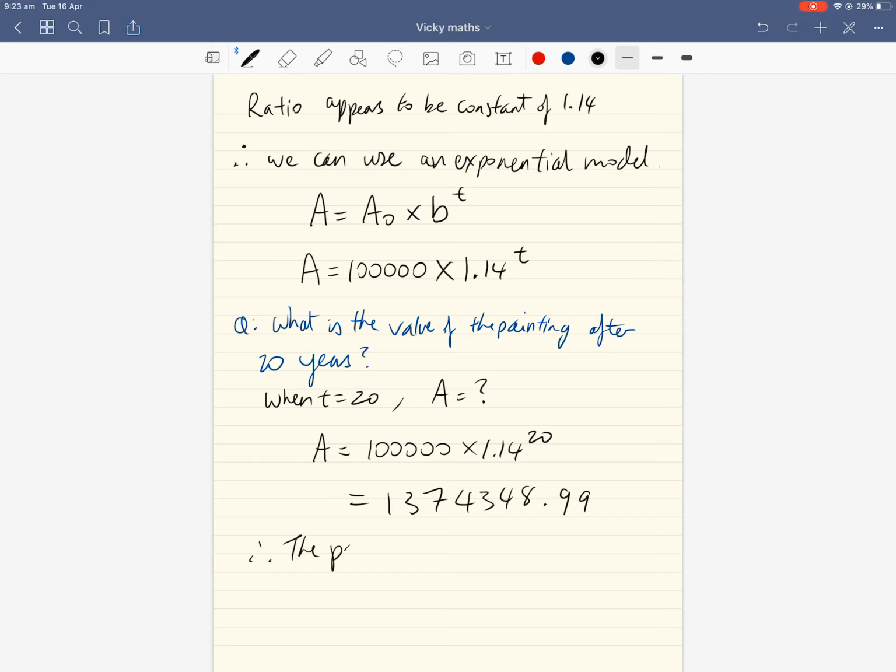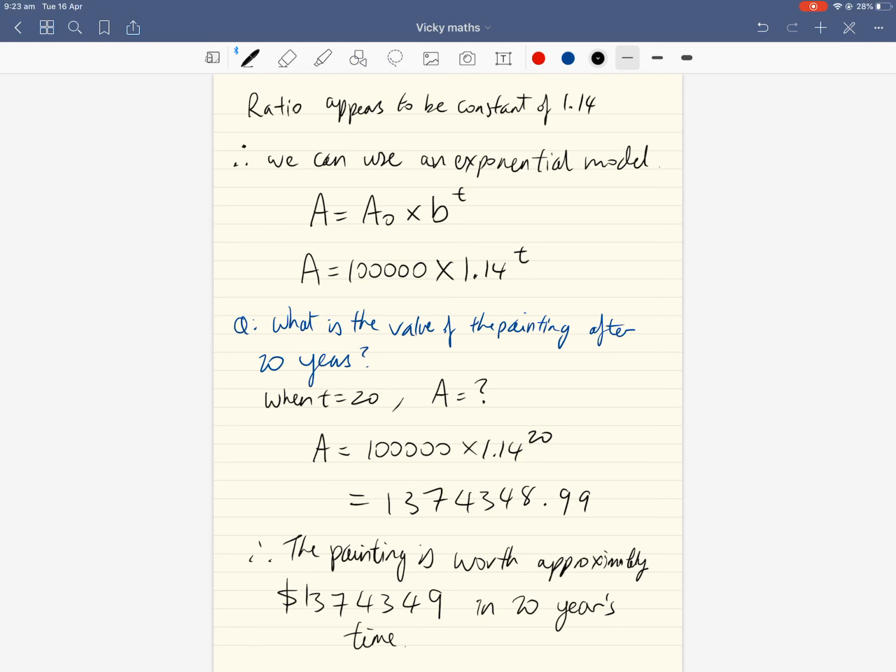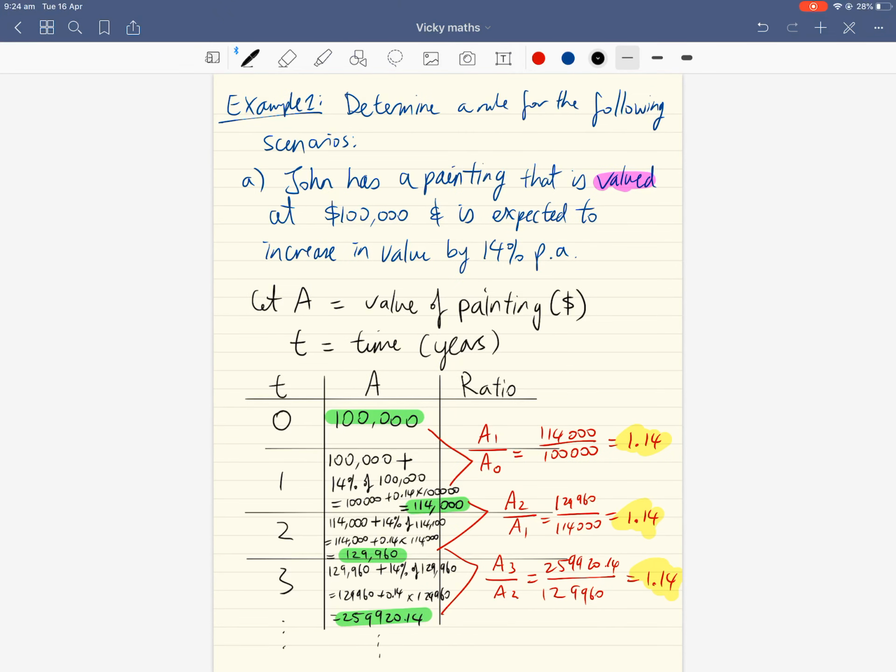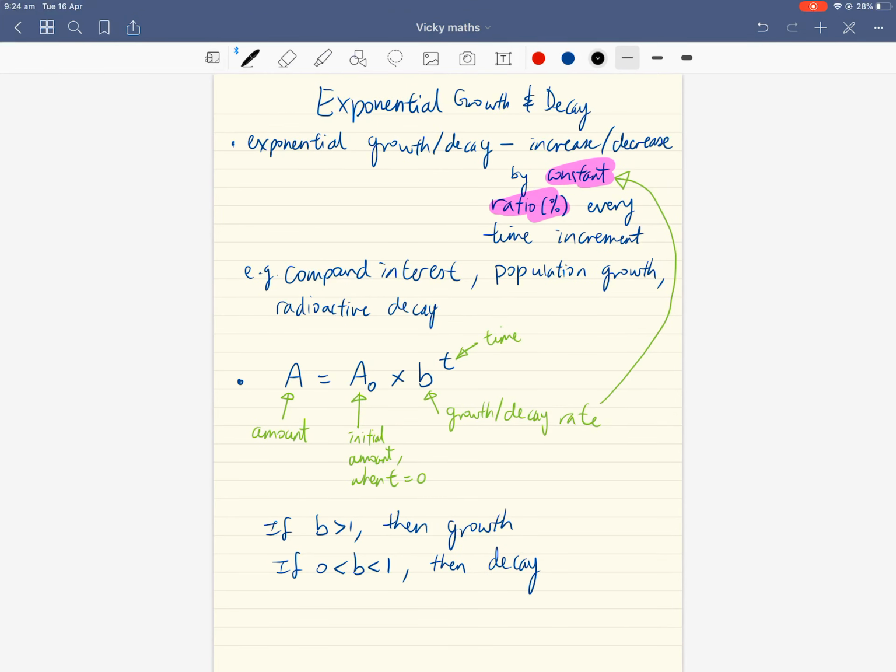So therefore the painting is worth approximately $1,374,349 in 20 years' time. So again, you have to establish it's a constant ratio of values before you can apply the exponential model of A equals A naught times B to the T.